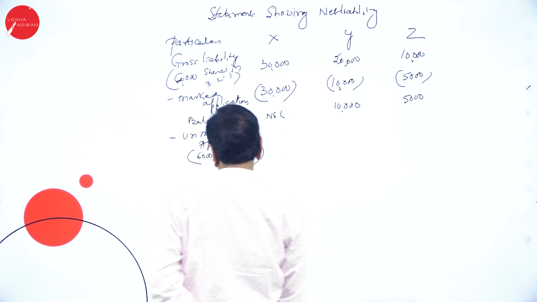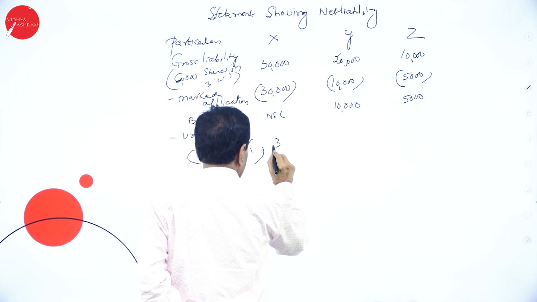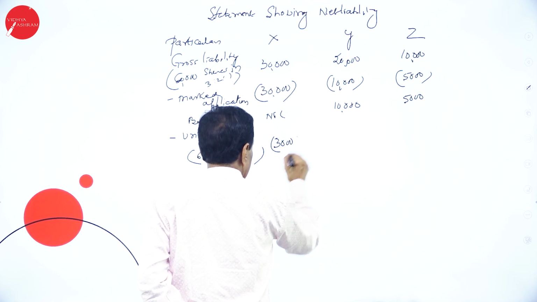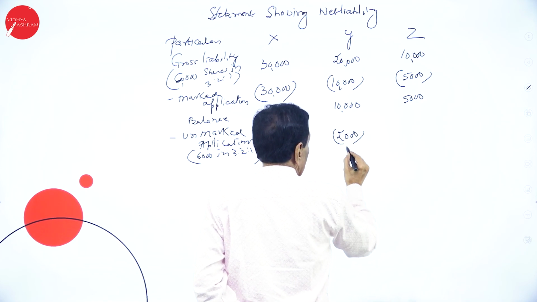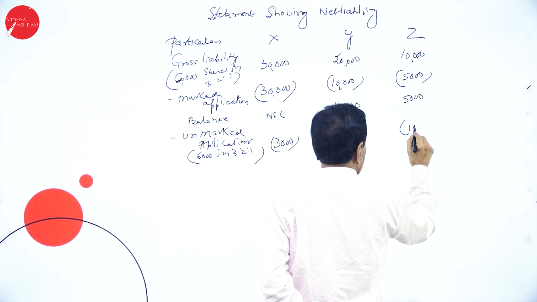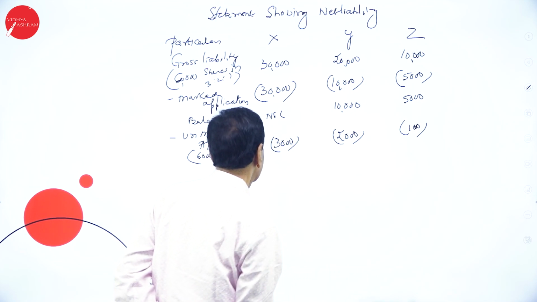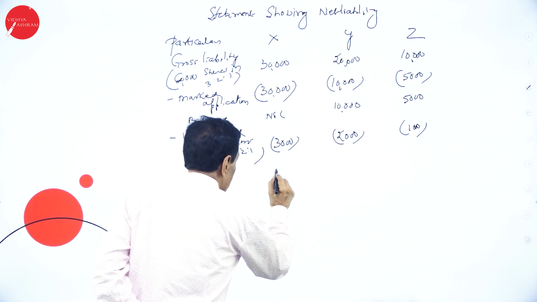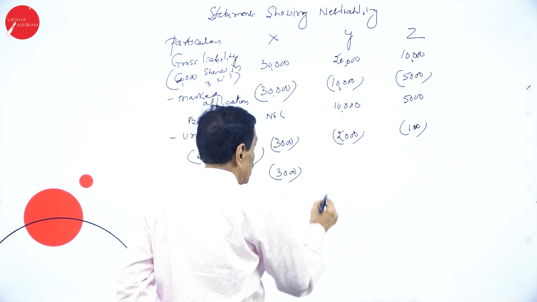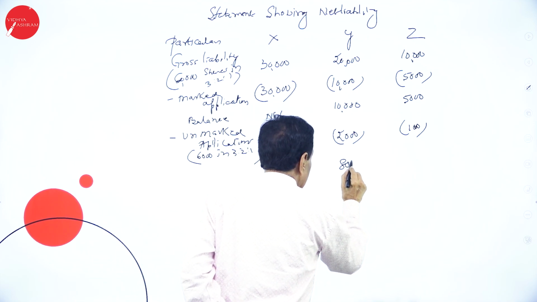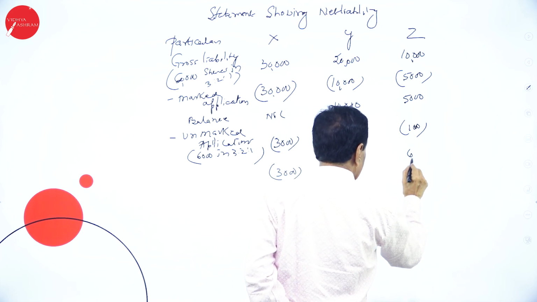So 3 by 6 means 3,000, 2,000, 1,000. Deduct. This is minus 3,000. This is 8,000. This is 4,000.